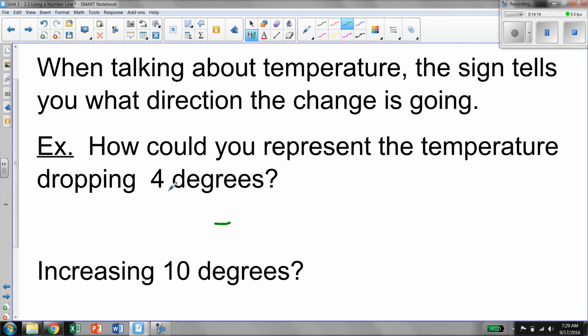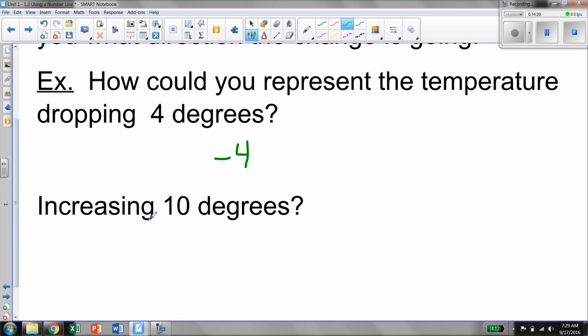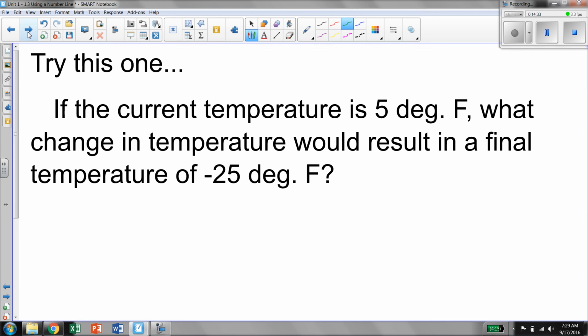How much of a negative number? 4 degrees worth. -4. Well, what about if our temperature is increasing or going up 10 degrees? We can say 10. And if it was an equation or something like that, we could be specific and say +10.